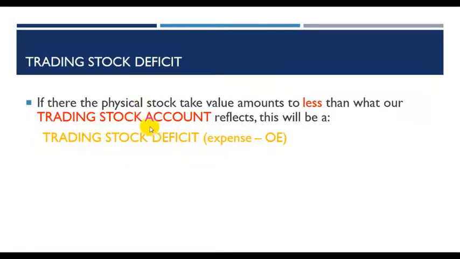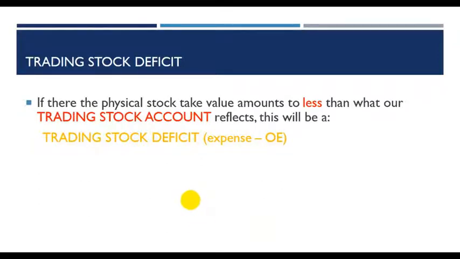Why won't our trading stock account match the stock that we actually have on our shelves? Yes, there could have been theft, there could have been items that were damaged that we sent back to the supplier and didn't record. That's what we need to check, and that's why we are doing a physical stock count.